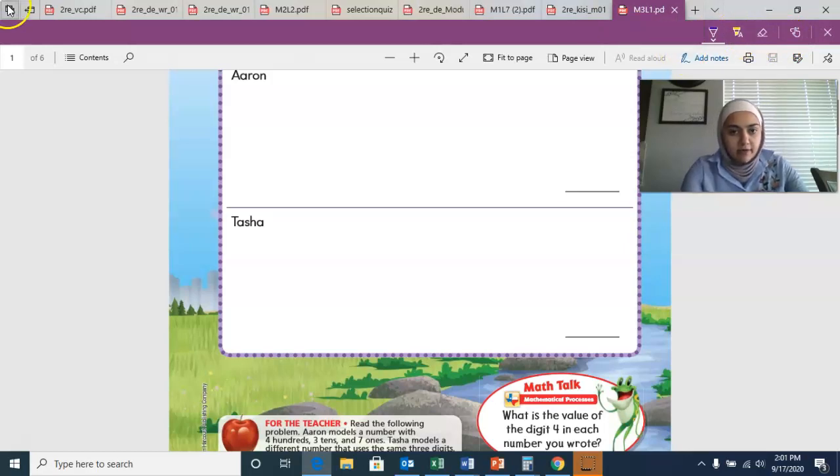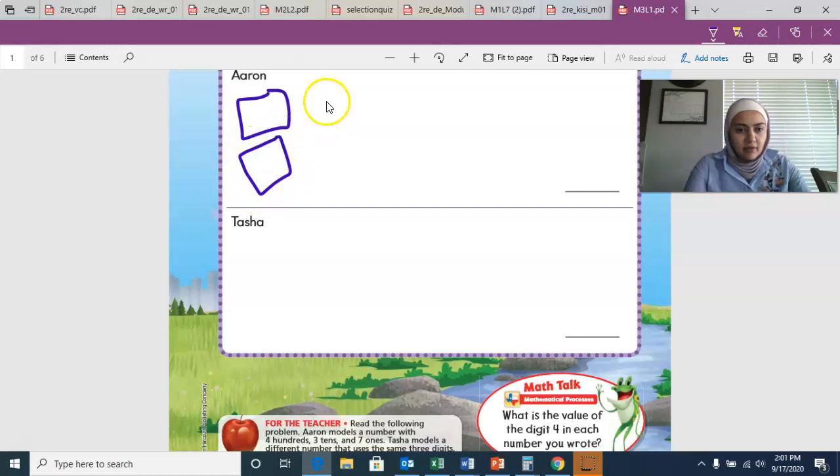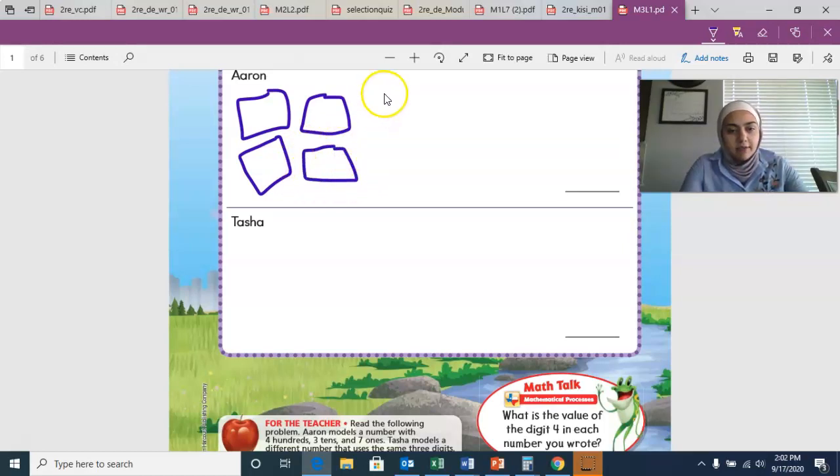We have 4 hundreds, 3 tens, and 7 ones. 1, 2, 3, 4, 5, 6, 7.